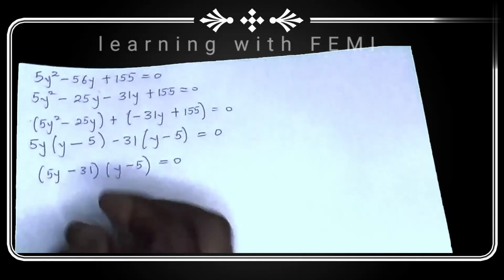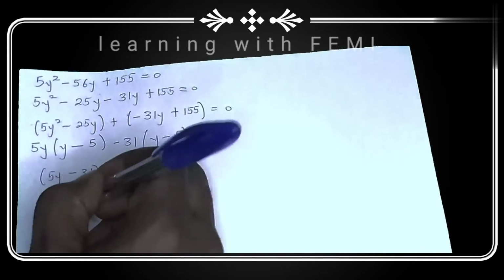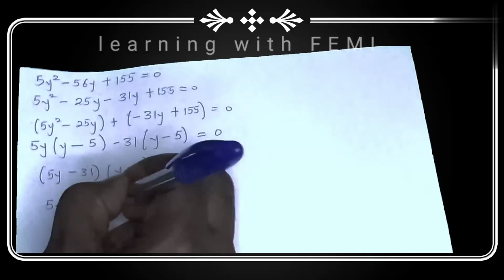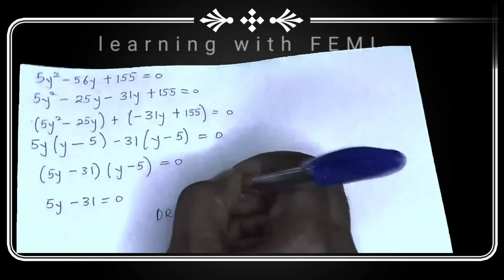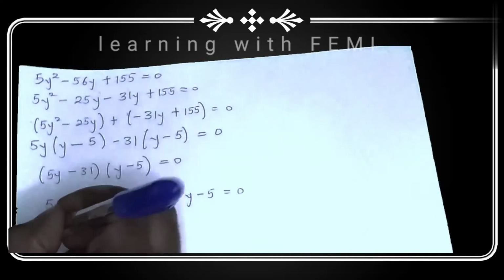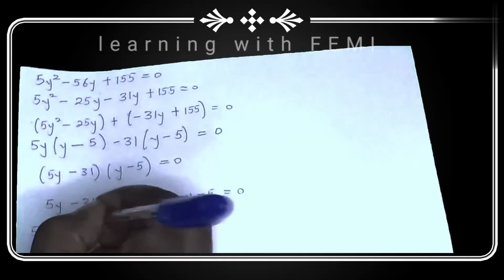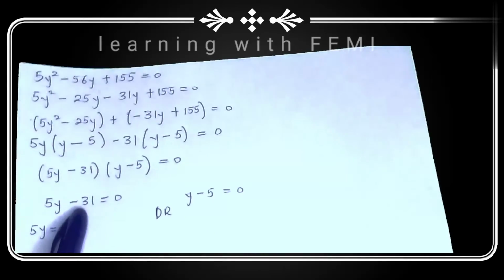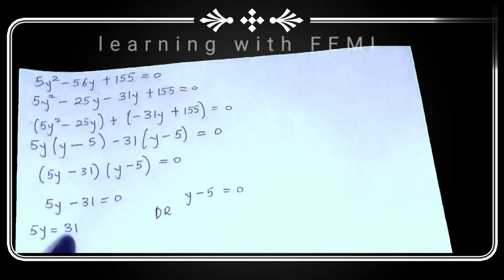Now, in this part, we have 5y minus 31 equals 0, or y minus 5 equals 0. In this case, we have 5y equals 31, because when we took this 31 to the other side of the equality sign, it became positive 31.